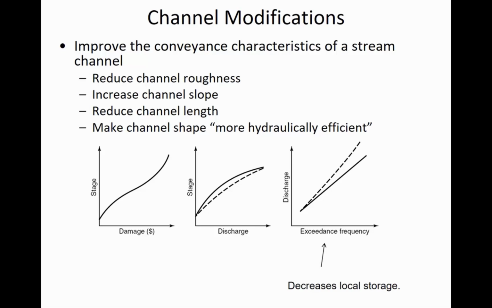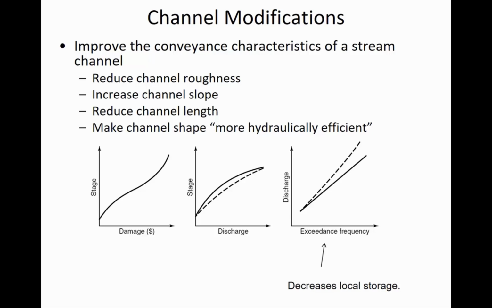If you're excavating the soil at the bottom of the stream, you're lowering the water level because the bottom of the channel is lower than it used to be. Or if you're making the stream more narrow, you're increasing the hydraulic capacity of the channel. So for a certain flow rate, the stage will be lower, and that's where the value is. This is the good thing that you're doing with the channel.